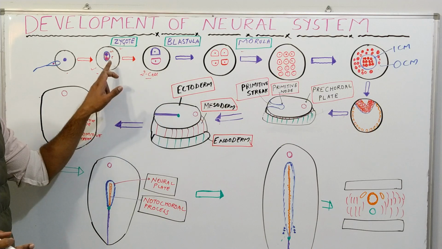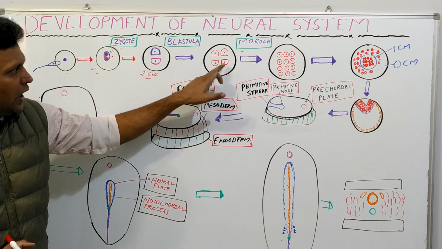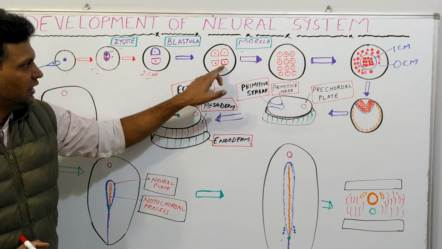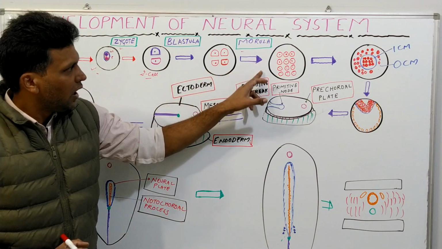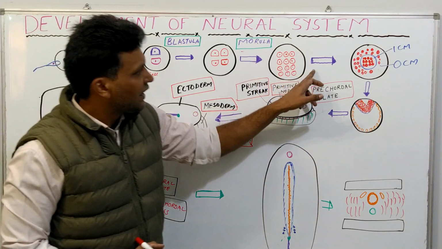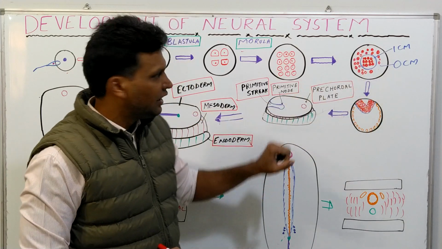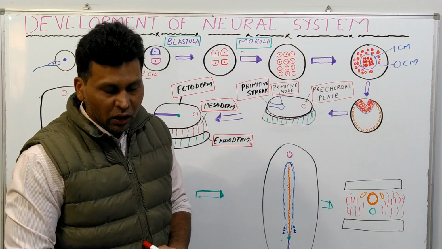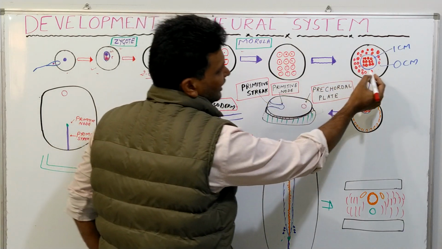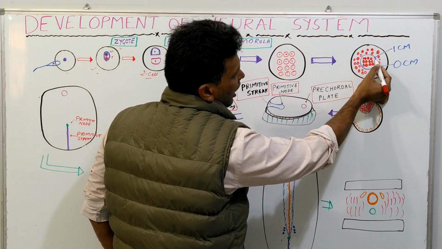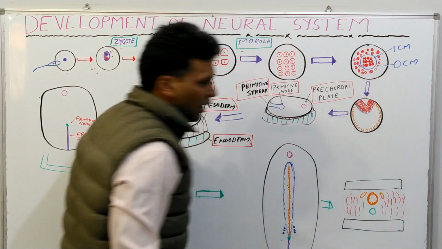When cells divide, they become smaller entities. After the morula, the cells divide again and rearrange: the cells in the center are called the inner cell mass, and the outer ones are called the outer cell mass.